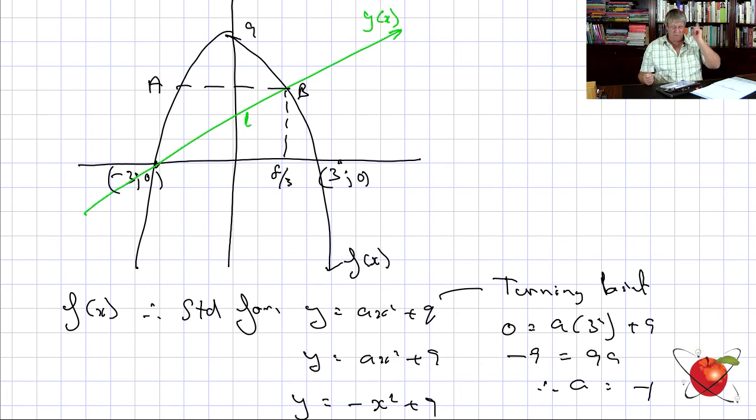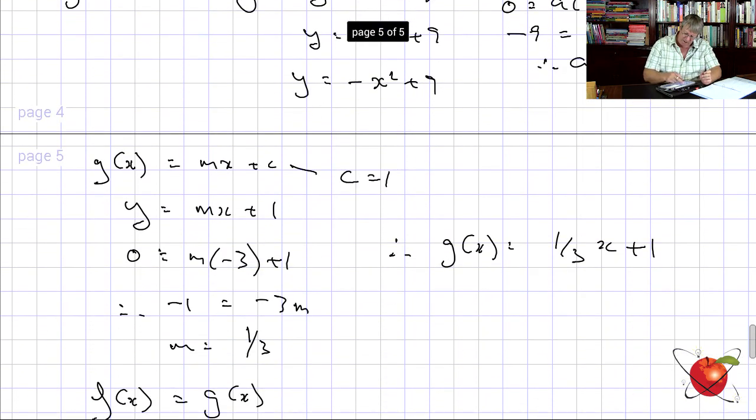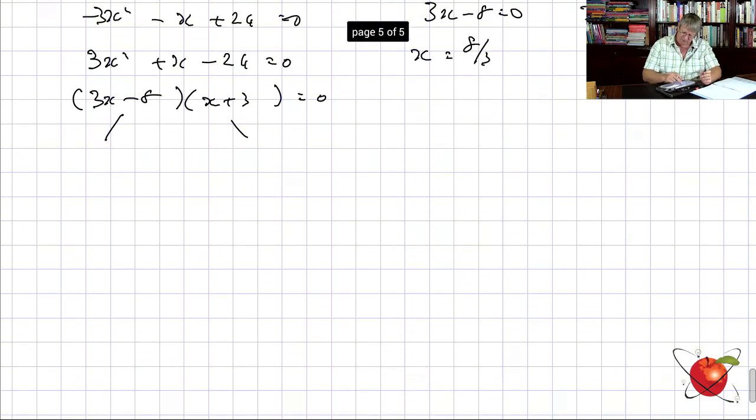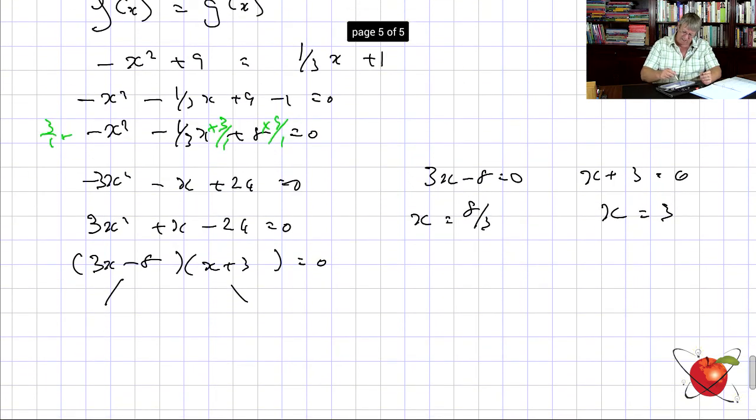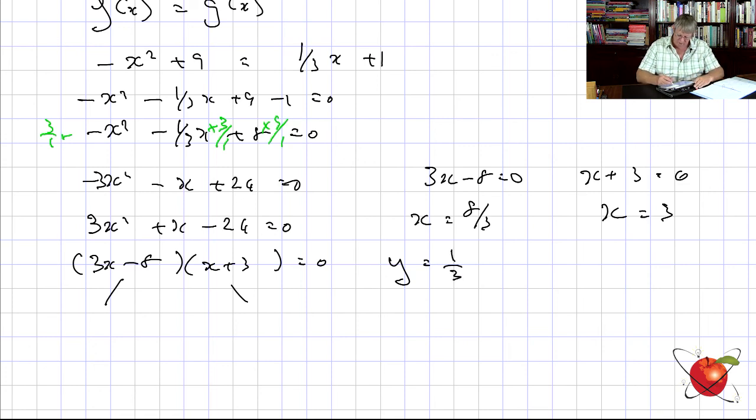Substitute it in. Remember, if you've got an x, you can always find a y. You substitute it into the equation. So the equation is y is equal to minus 1/3 x plus 1. So it's minus 1/3 times x, which is 8 over 3, plus 1. And if you work that out, you get 17 over 9.